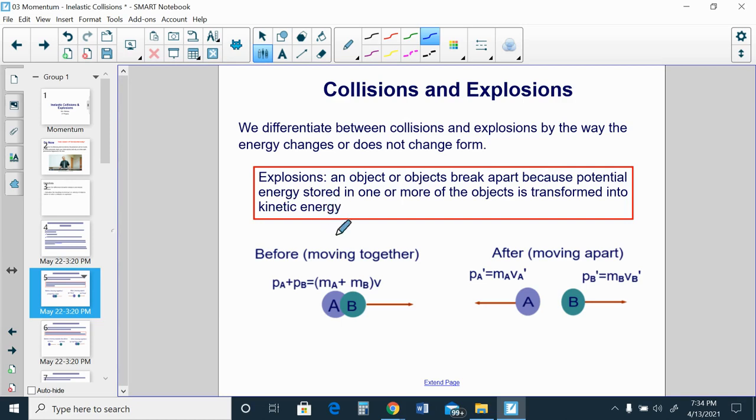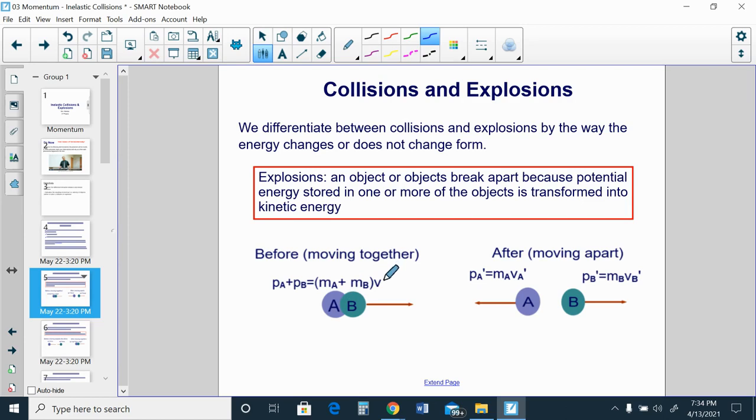If you picture these objects here, they start out stuck together, and mathematically, their momentum before is the sum of the momentum of A and B. So we have the momentum of A plus the momentum of B, and since they're stuck together, that's equal to the sum of their masses, added together, times the velocity.